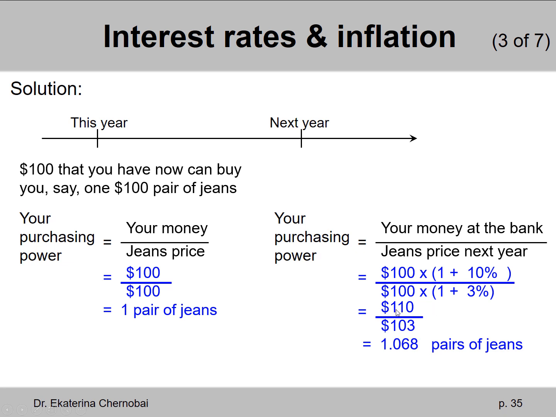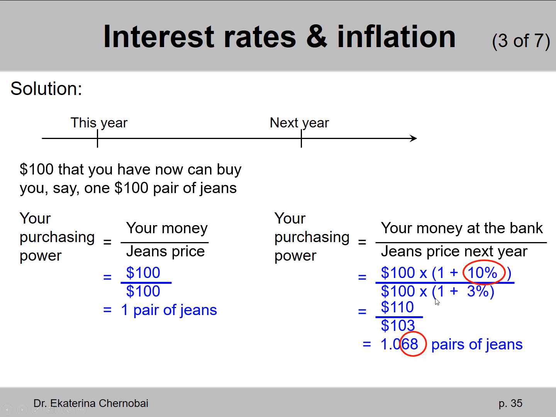So now we have 110 divided by 103, and that equals 1.068 pairs of jeans. So today your $100 can buy one pair of jeans. Next year, you will be able to buy 1.068 pairs of jeans, a little bit more, which is a good thing.